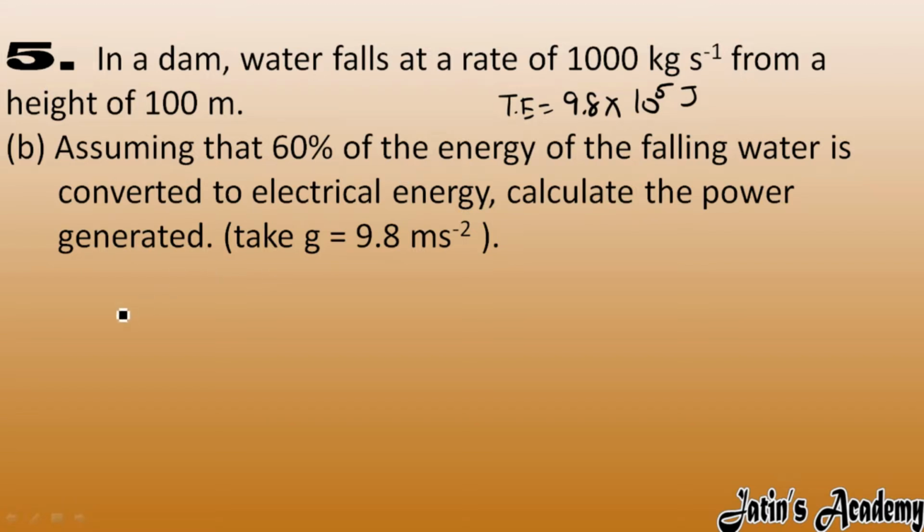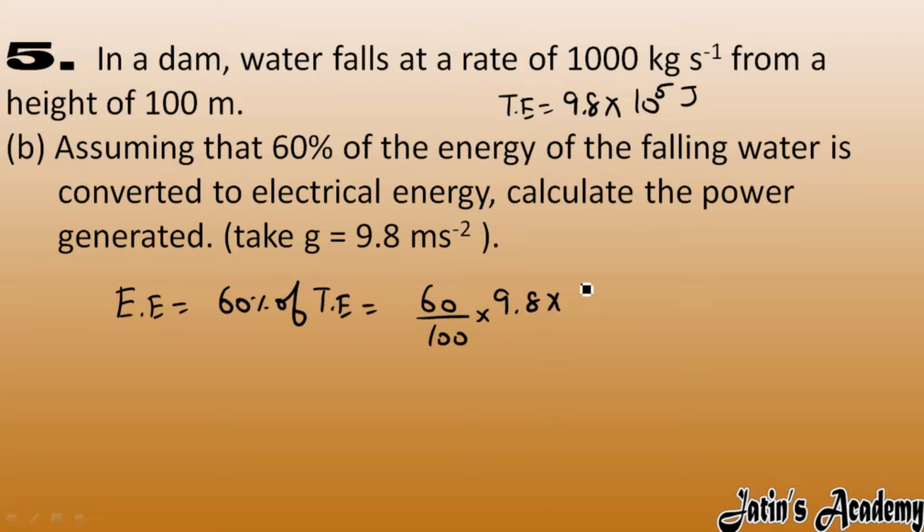So electrical energy is 60% of total energy. 60% means 60 by 100, total energy 9.8 into 10 raised to power 5. Clear? Now we will solve this. So we got 6 by 10 into 98 by 10 and 10 raised to power 5. You can write like this.